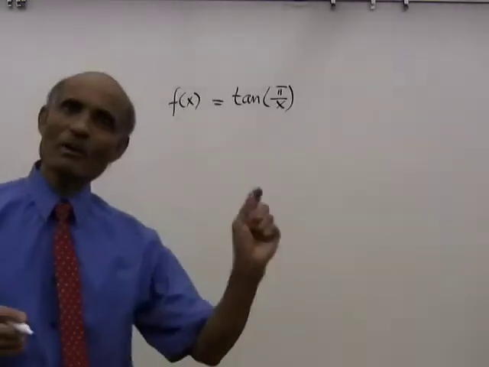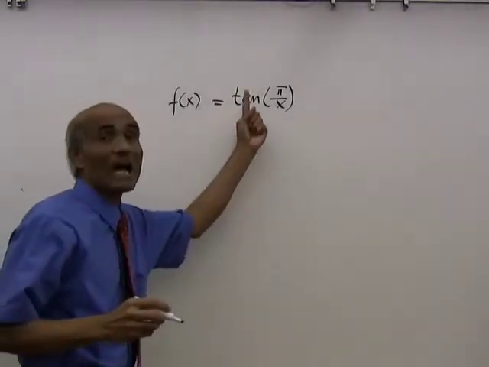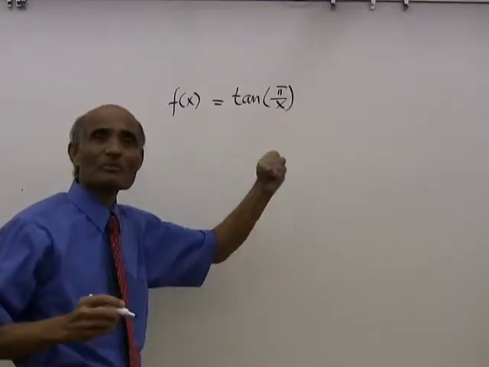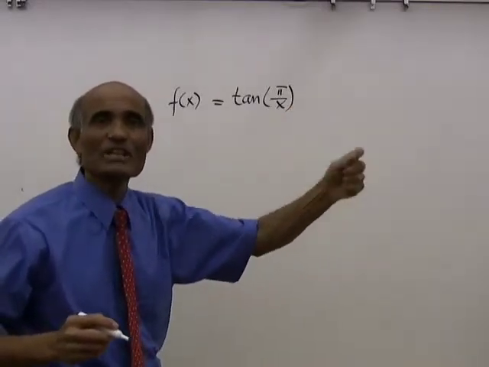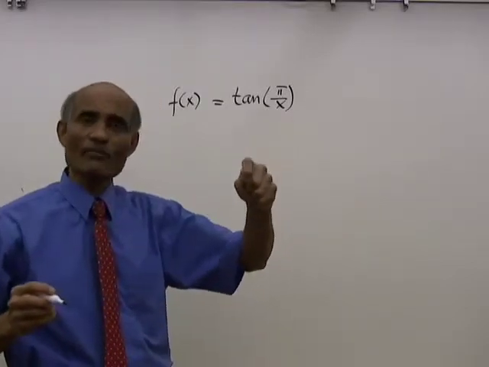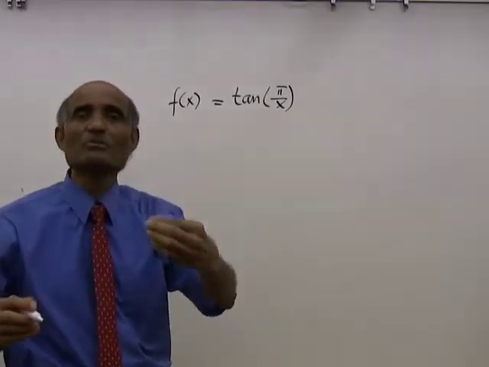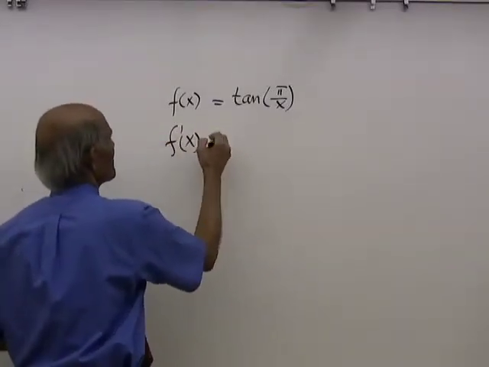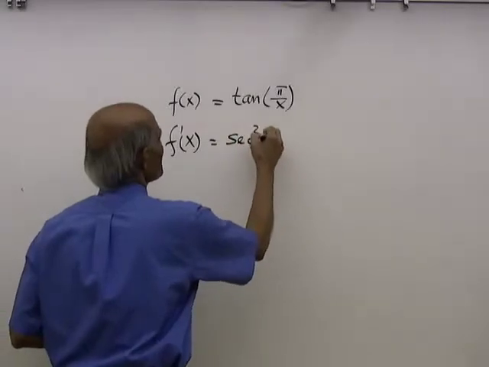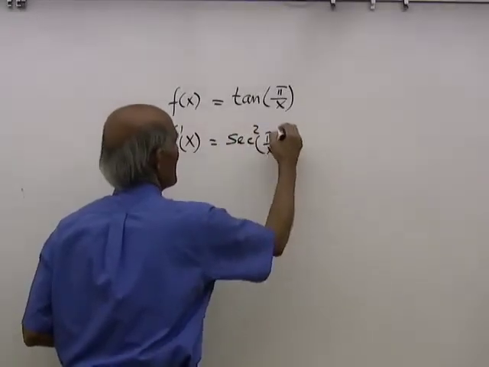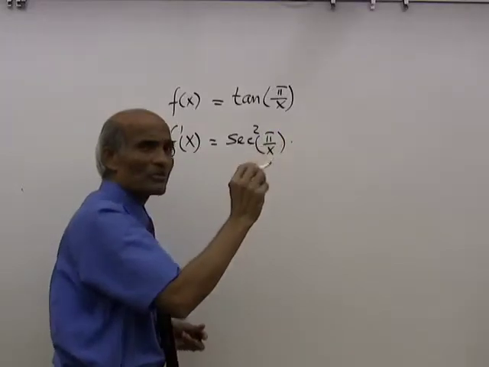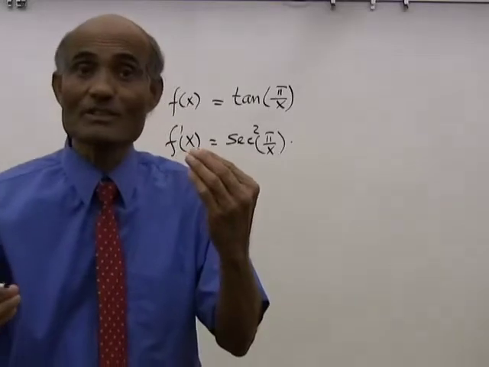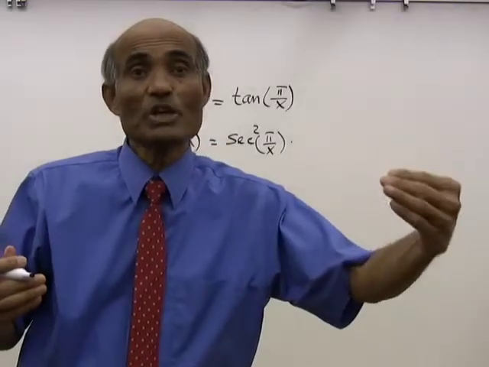Okay, how about this? F of x equal to tan pi over x, tan of a quantity. The derivative of a tan quantity is secant squared of that quantity times derivative of that quantity. So that will be f prime of x equal to secant squared of pi by x times derivative of pi by x. Now remember, pi is a constant, and we did a number of those earlier.